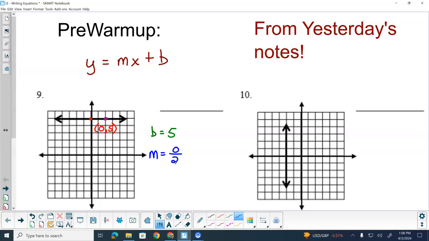What do I like instead? 0 divided by any number is 0. So we just call it 0, right? One more over. One more this way. One more over. One more down. Right there. 0 instead, right? Okay.